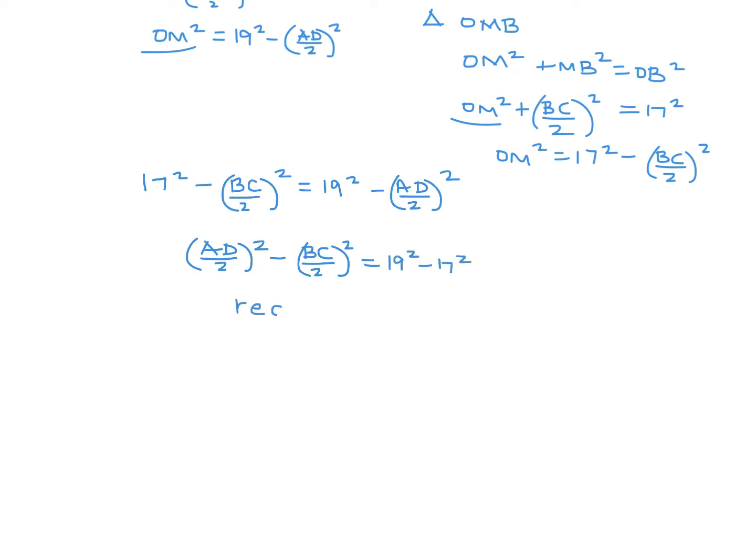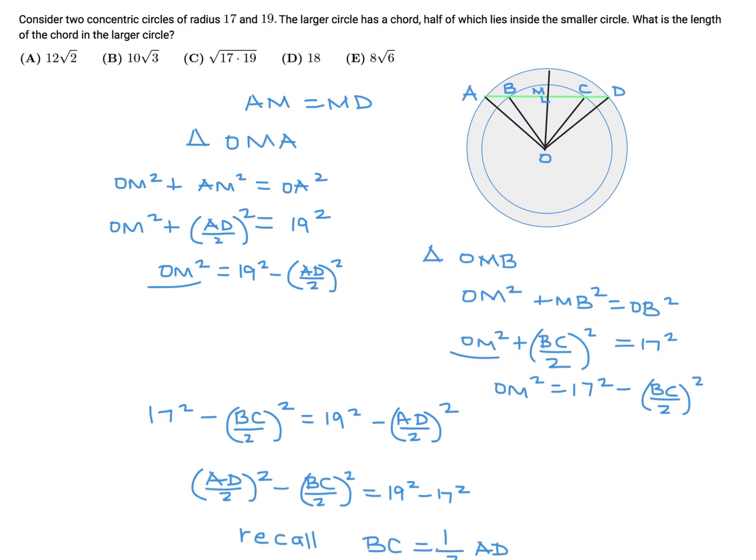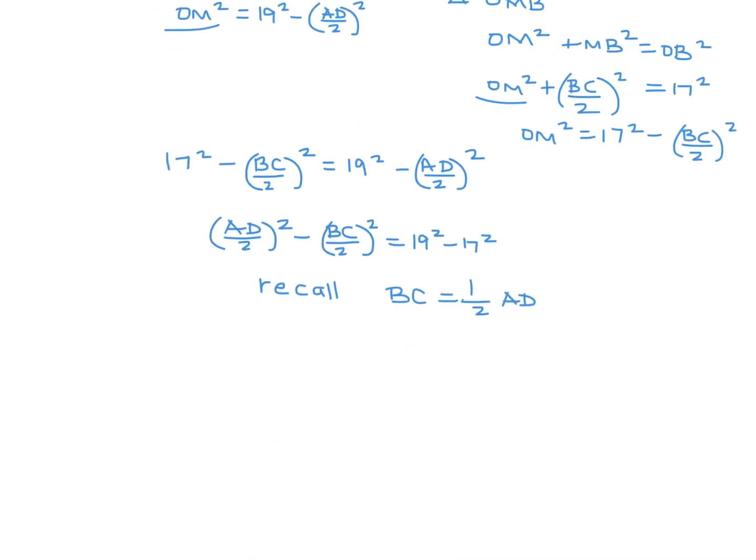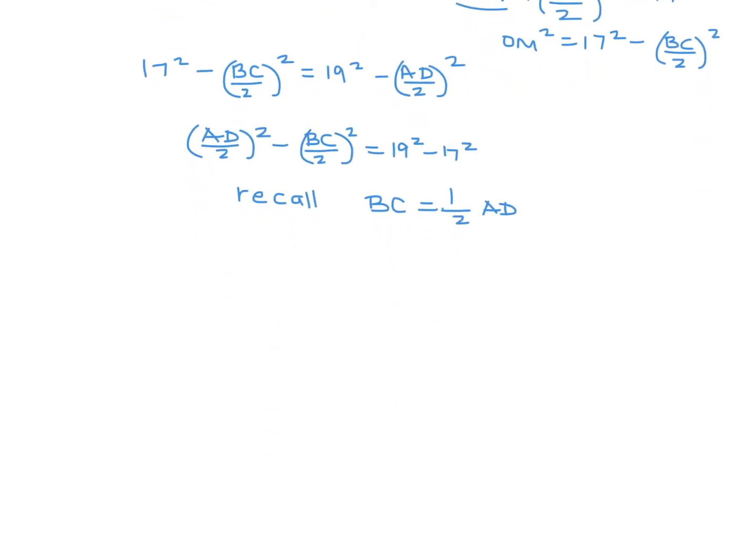Now keep in mind, or recall, that BC is equal to a half of AD from the diagram up here. BC is equal to half of AD. That's actually from the question stem. You don't even need to look at the diagram. My diagram was just trying to mimic what the question stem was telling you.